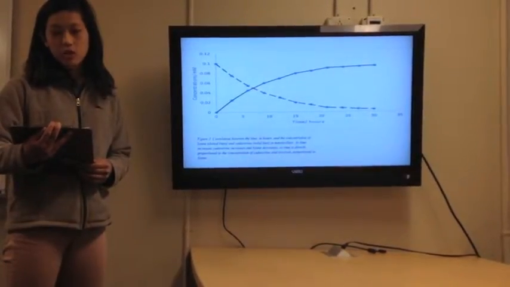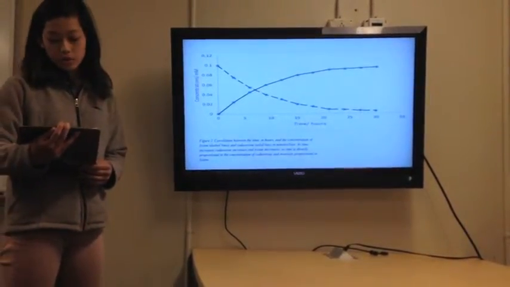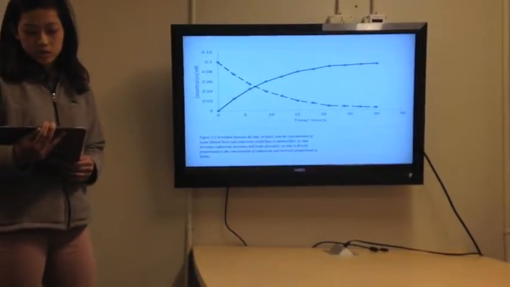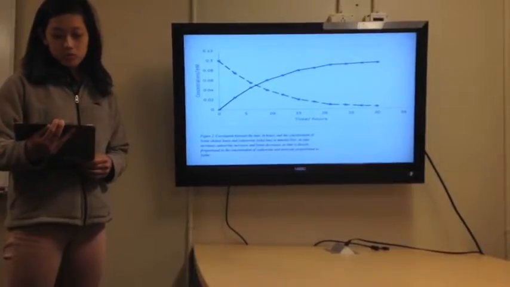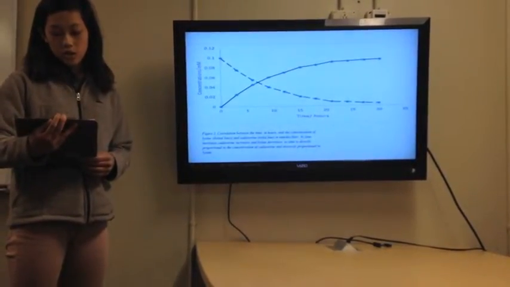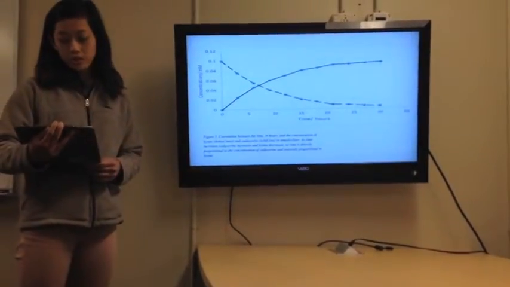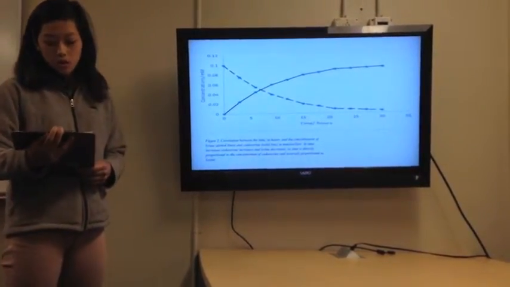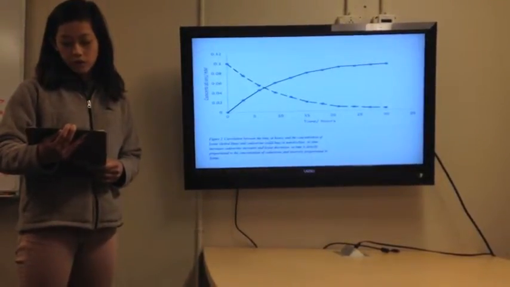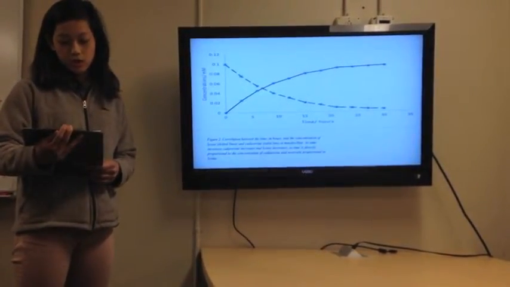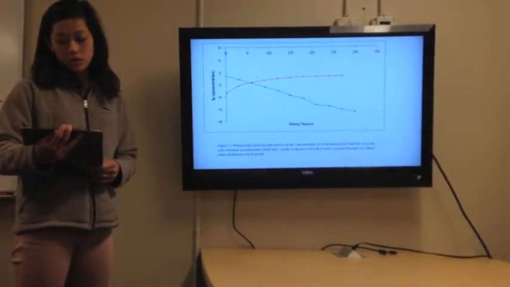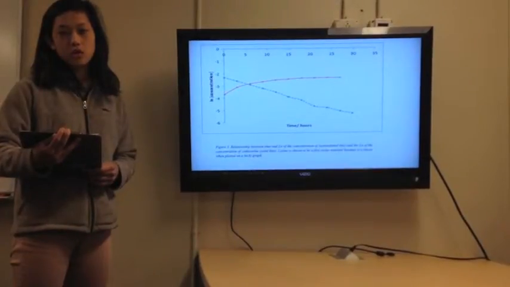If a graph is more linear in figure 3, then that means it is first order, and if a graph is more linear in figure 4, then that means it is a second order reaction. First orders are linear during the natural log of their concentrations, and second orders are linear during 1 divided by their concentrations. By looking at figures 3 and 4, the reaction for lysine is first order, as the line of lysine is more linear in figure 3, and cadaverine is second order, as it is more linear in figure 4.